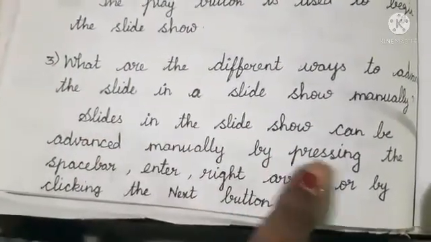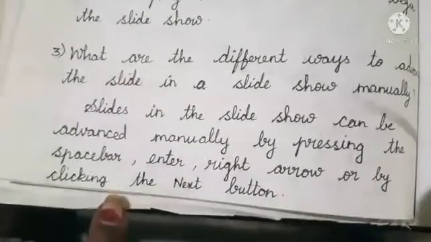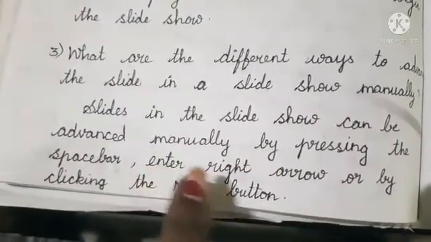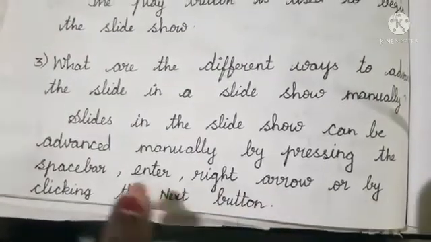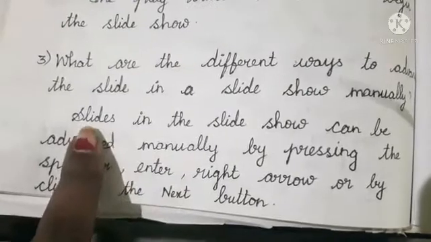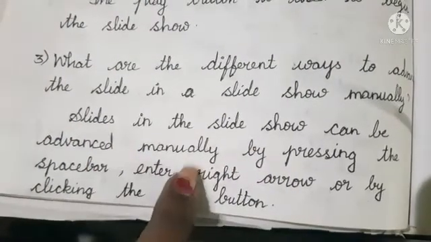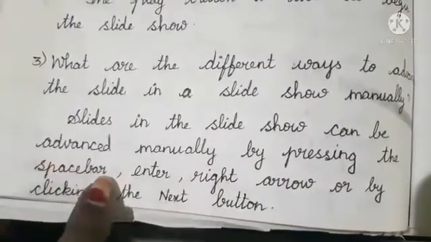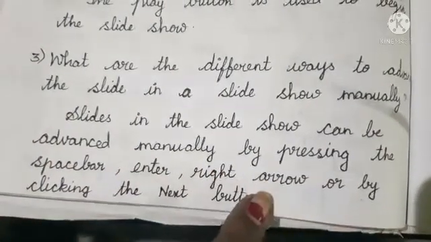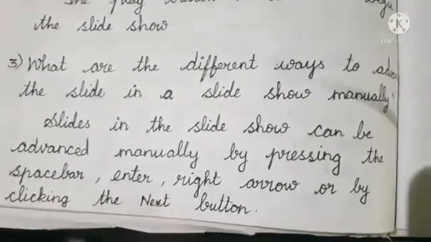Slides in the slideshow can be advanced manually by pressing the spacebar, enter, right arrow, or by clicking the next button. See once again, slides in the slideshow can be advanced manually by pressing the spacebar, enter, right arrow, or by clicking the next button.